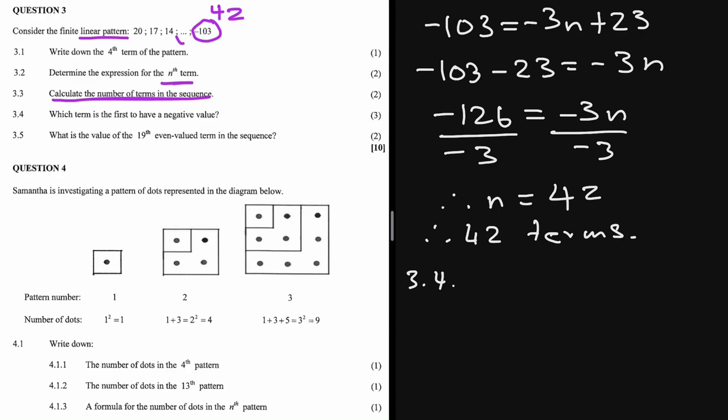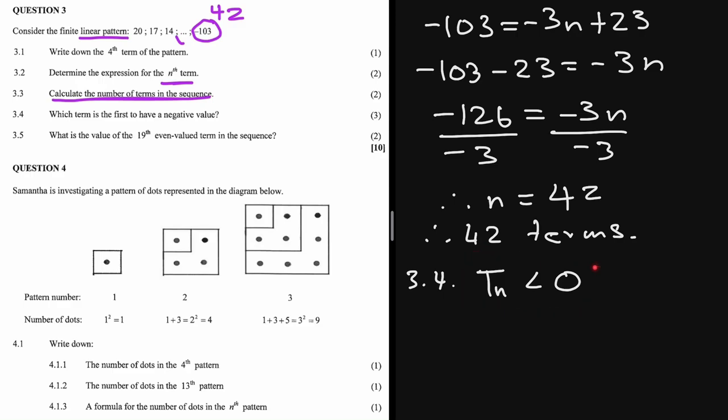But now, because you have the general solution, the value that will start to be negative is the value that is less than 0. Less than 0 means negative. So all the values that are less than 0, we are going to get them using this inequality here.